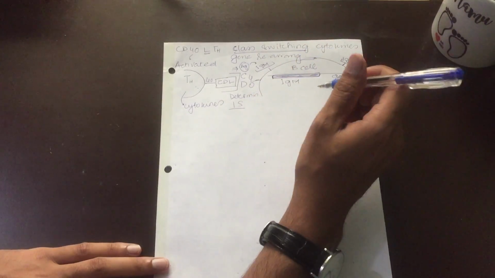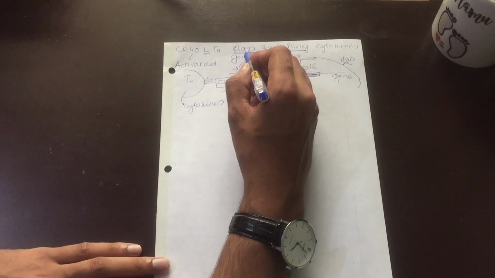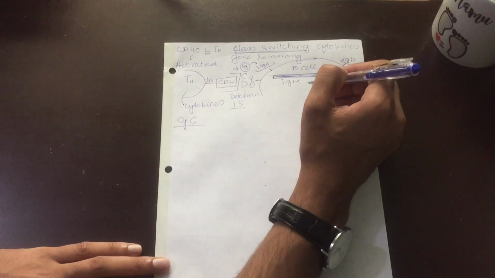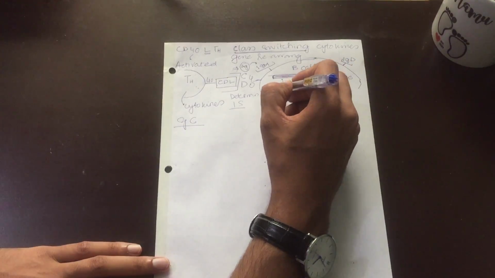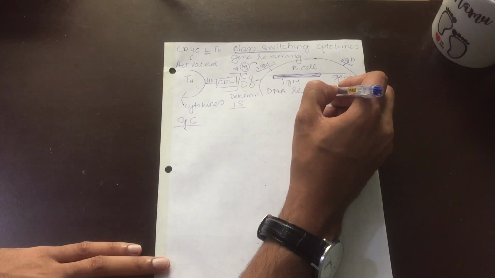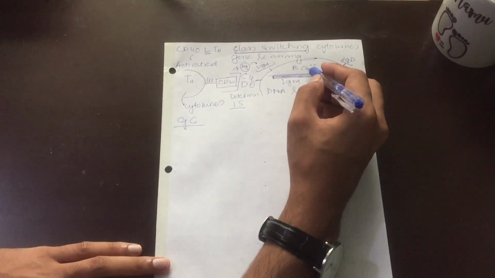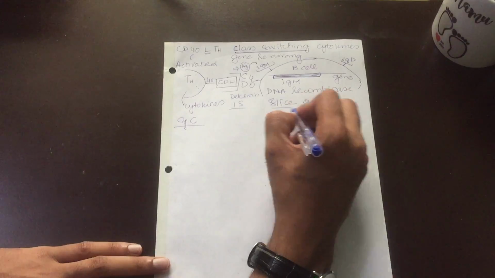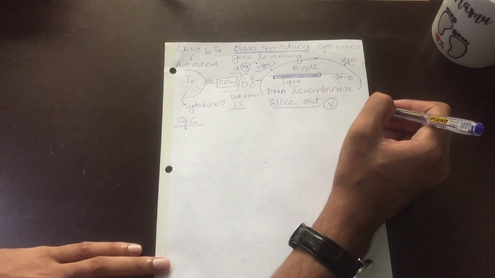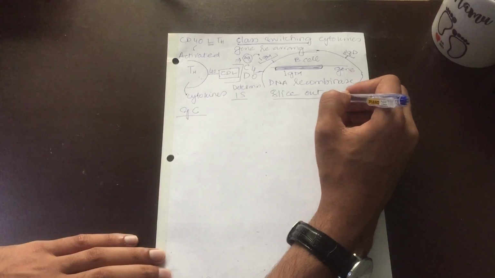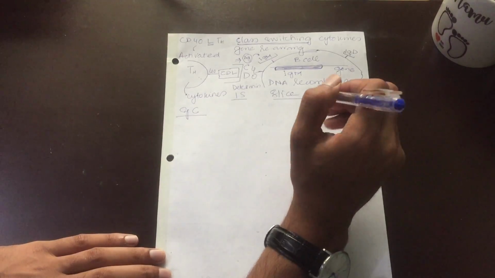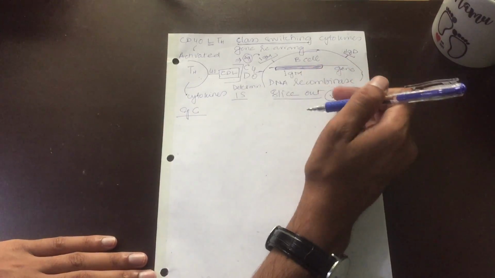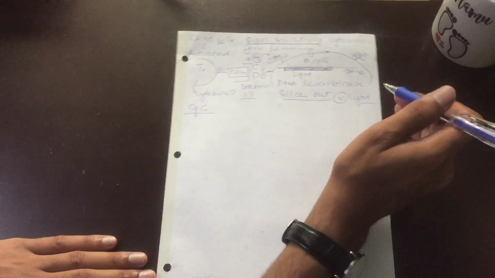So this all happens under the process known as class switching, and this happens in the germinal center of the lymph nodes. In this process we have an enzyme, DNA recombinase, which splices out the variable portion of the IgM, keeps the constant portion, and adds the variable portion of IgG or IgA.